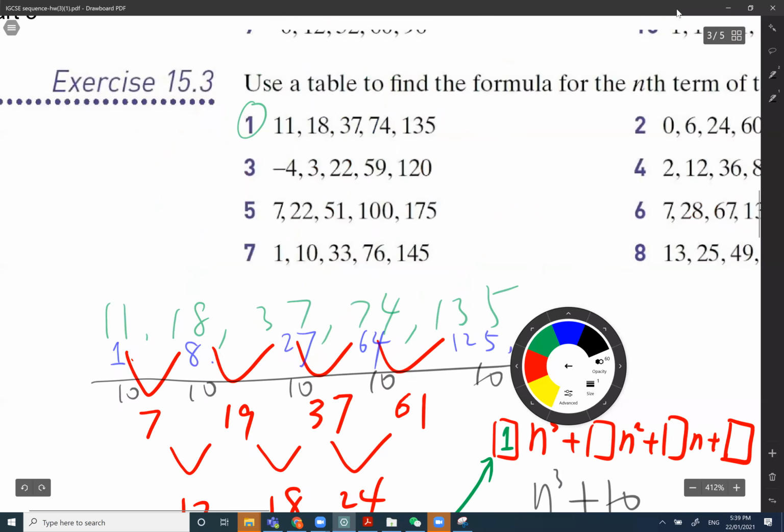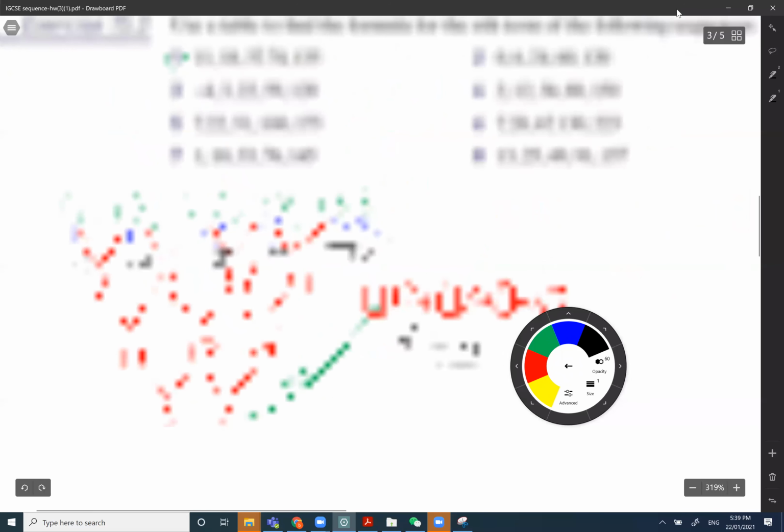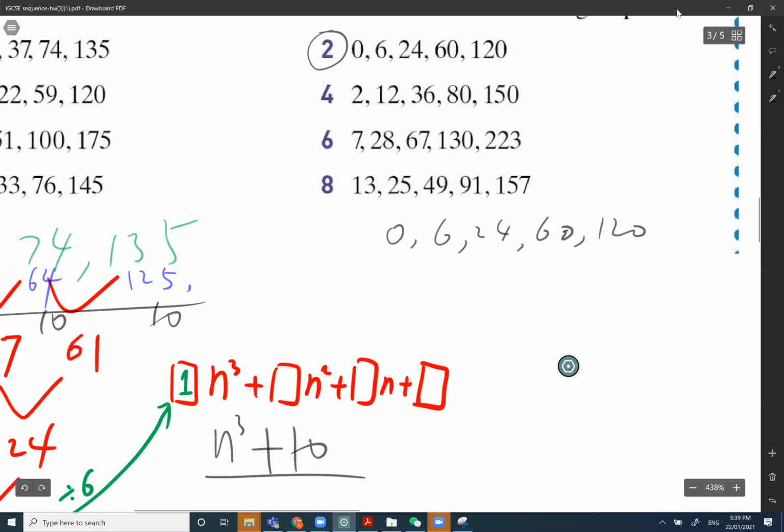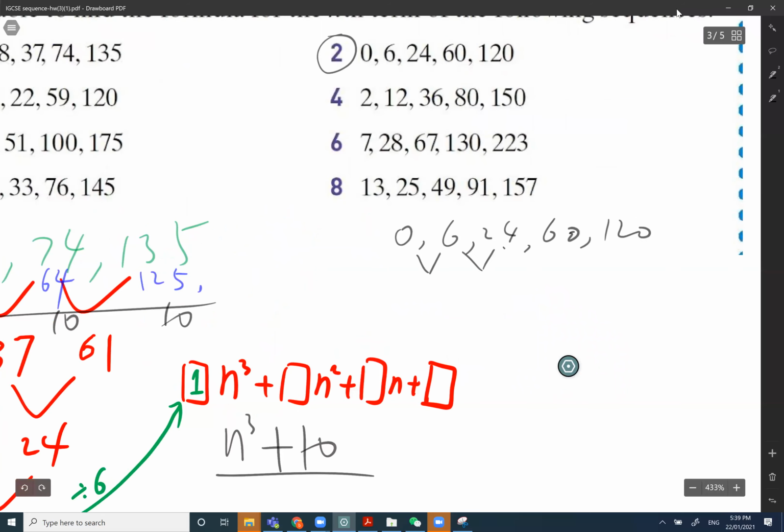Then try one more. Number 2: 0, 6, 24. It's really like going back to primary school, how you do addition and subtraction. Find the difference, difference, difference, and difference.